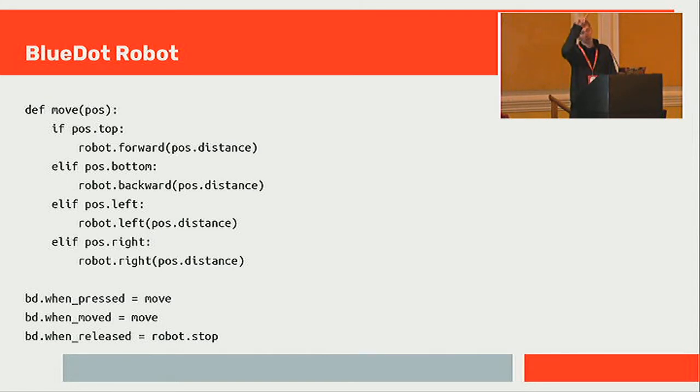So you've got a sort of -1 to 1 scale on your dot. And then when it's released, just stop. So you can have a really simple forward, back, left, right controller on your phone to remotely control a Raspberry Pi robot.